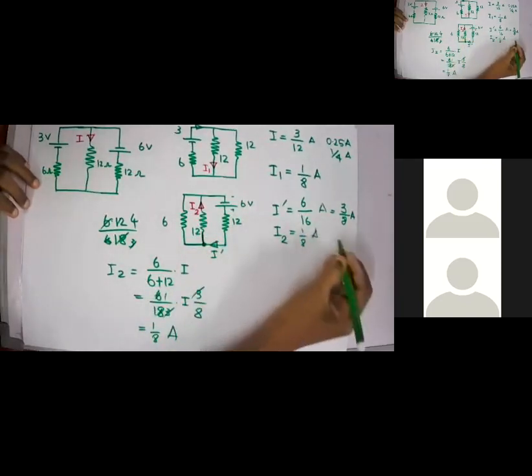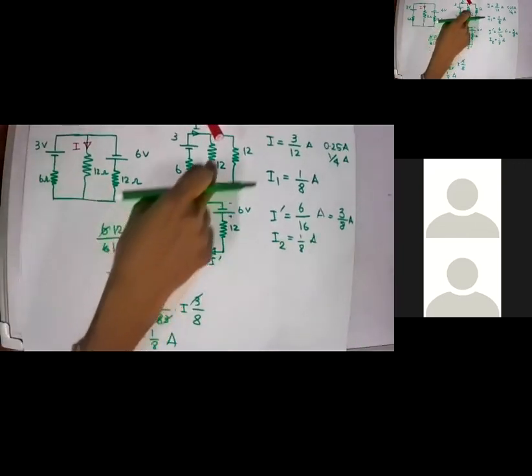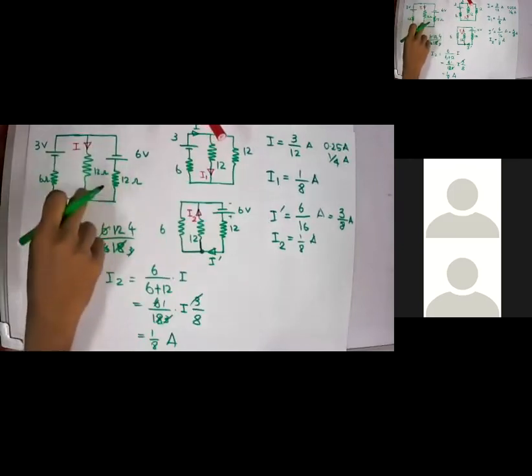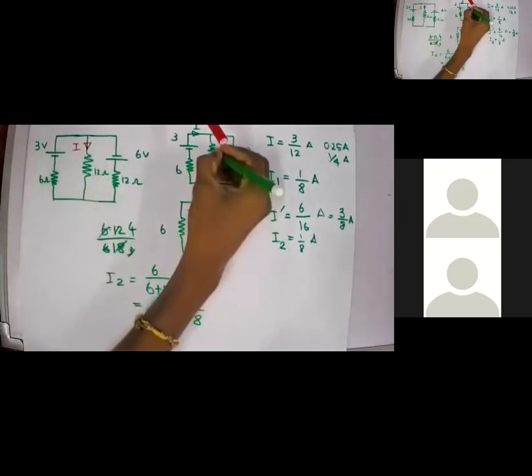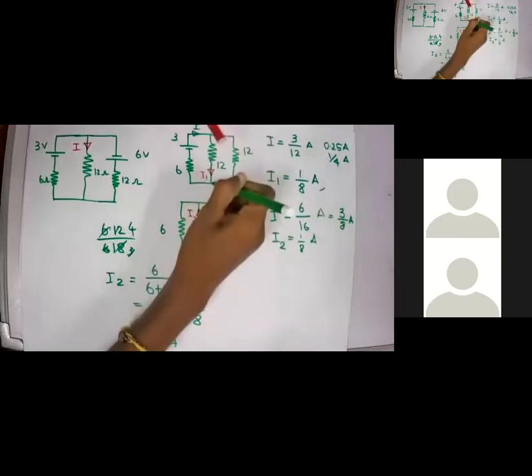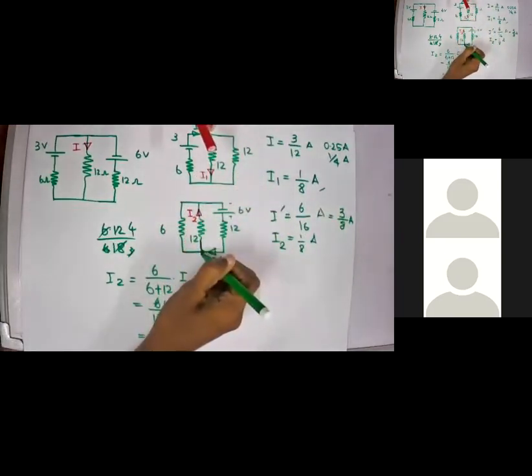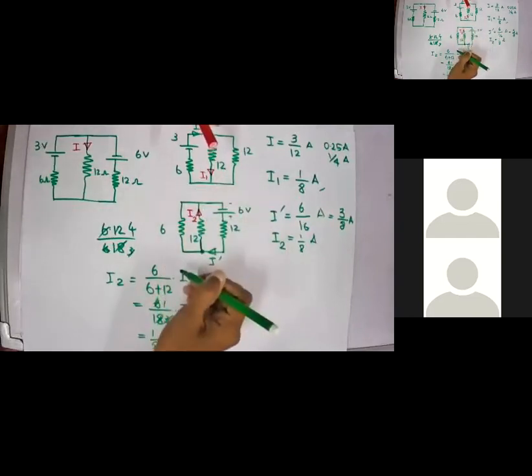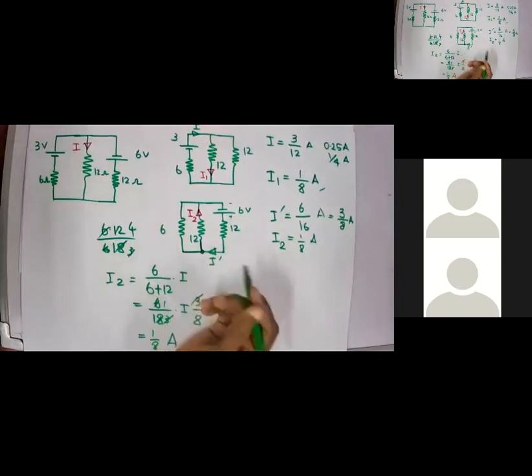Right. So what is the net current through the 12 ohm resistance? I1 will be 1/8 ampere, which is flowing from top to bottom. I2 will be 1/8 ampere, which is flowing from bottom to top. So what is the net current?